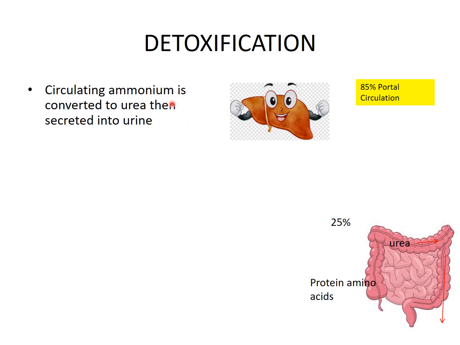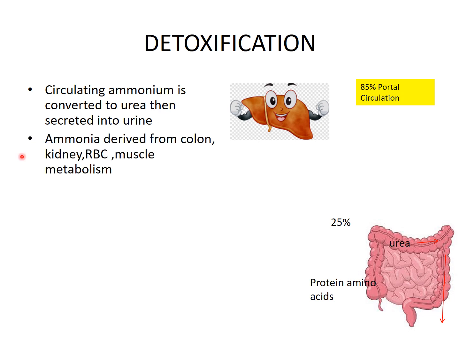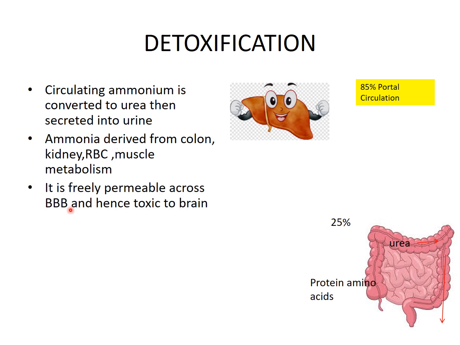The most important of them is ammonium, which is converted into urea. The source of this is ammonia. Why does ammonia need to be detoxified? Ammonia is freely permeable across the blood-brain barrier, and when it reaches the brain, it is toxic to the brain.